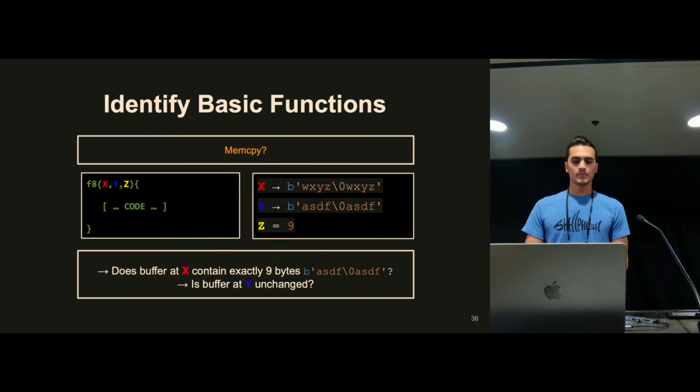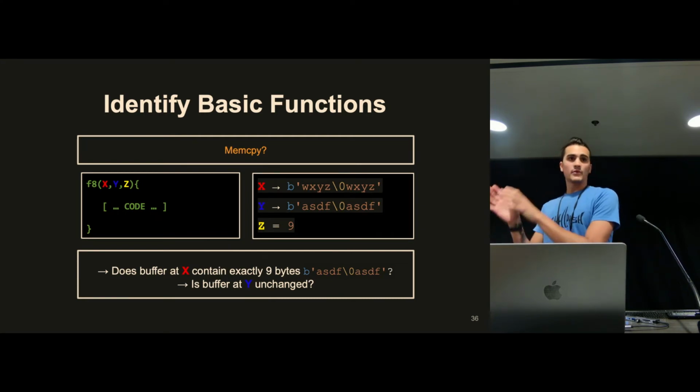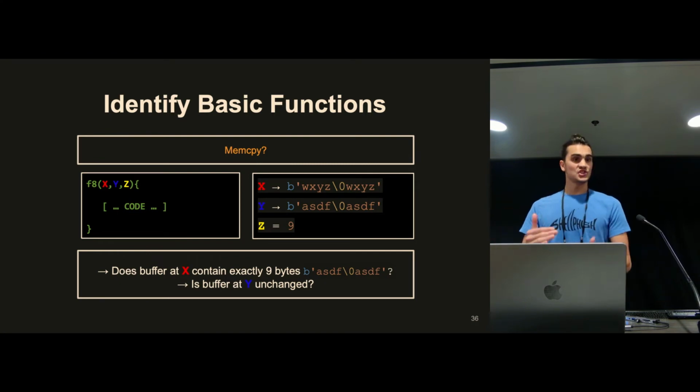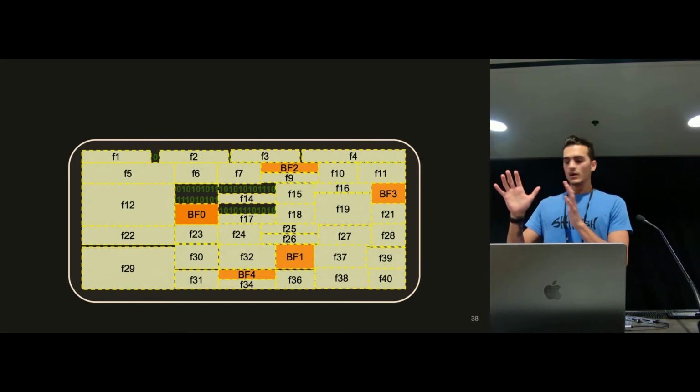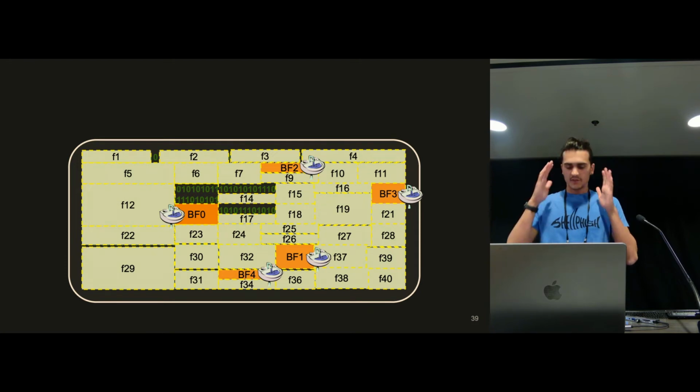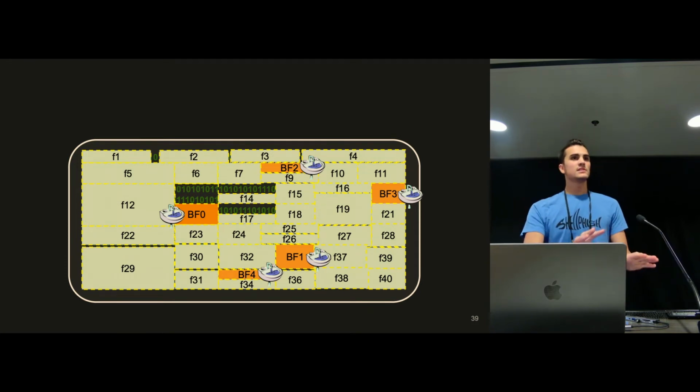In other words, for example, the buffer at the destination contains the buffer at the source, and the buffer at the source is unchanged. If this is true, we call this memcpy, and we have different models we check against for all these functions. So we go from this to the state in which some basic functions that manipulate memory are defined in the blob. We can also see these functions as sinks, thinking of pointers flowing into these functions and being consumed there.